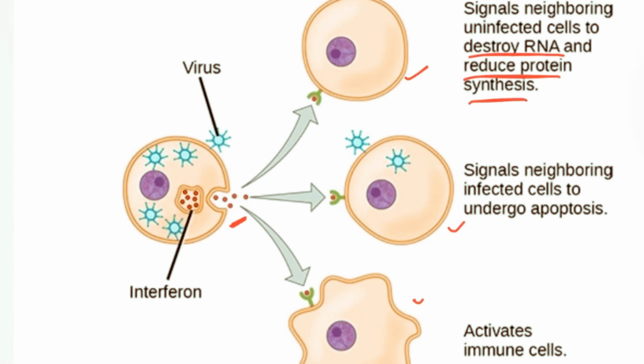So this is the number one effect. The number two effect is to induce those neighboring infected cells to undergo apoptosis, and it can also activate immune cells, for example your natural killer cells, that will now come there and destroy the virus. We said that natural killer cells are one of the cells involved in destroying virally infected cells or tumor cells.